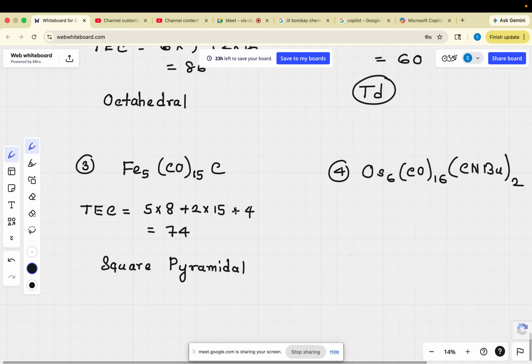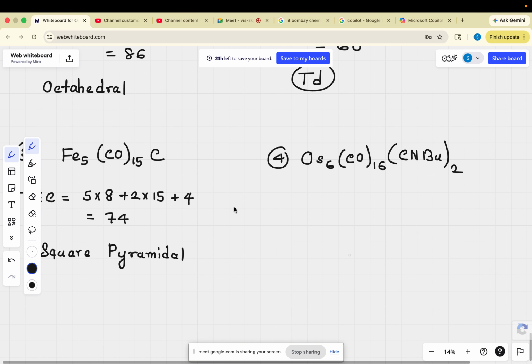That you have to find out. CNBu, this is butyl group. So if you see, carbon has 4 electrons and nitrogen is 3 valency, right? So nitrogen will form 2 bonds and 1 bond it will form with your butyl. So nitrogen valence is fulfilled, carbon is forming 2 bonds, so that means it can donate now 2 electrons, right? 2 electrons left, so those 2 electrons it will donate.